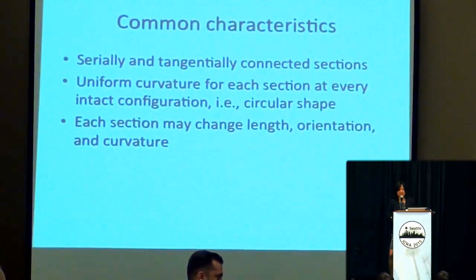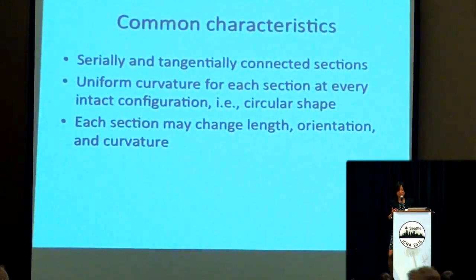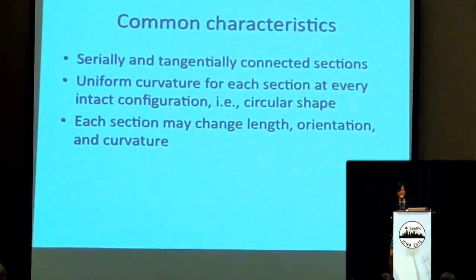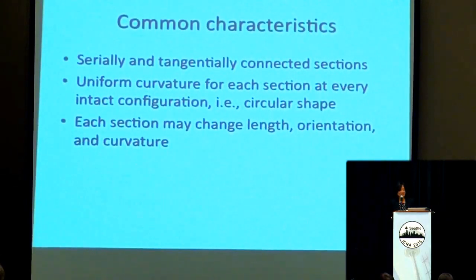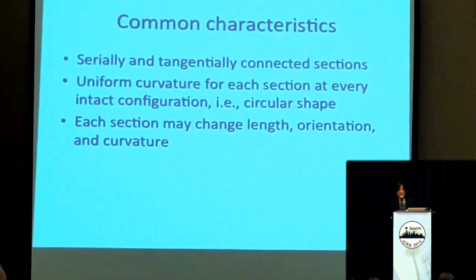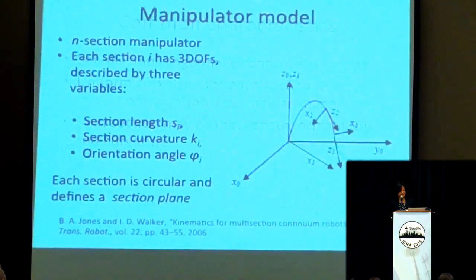Each manipulator consists of serially and tangentially connected sections. Each section has a uniform curvature at every intact configuration, that is, if it's not deformed by contacting with objects. So the section can be considered circular, and each section may change its length, orientation, or curvature, but depending on different designs, some of these parameters may be constant.